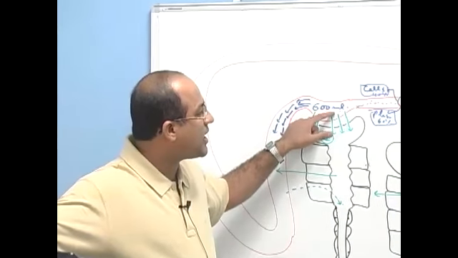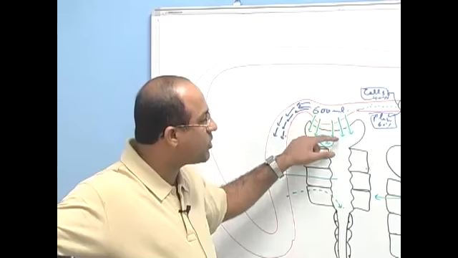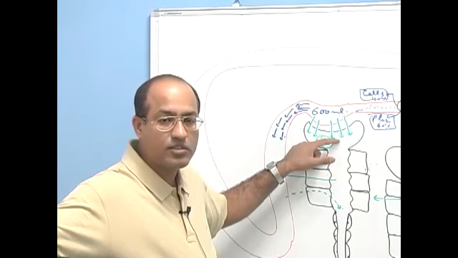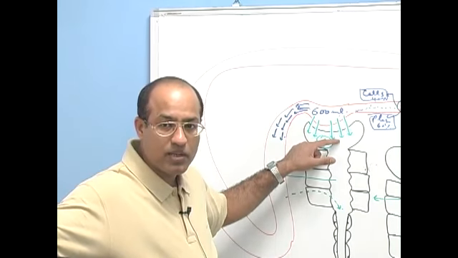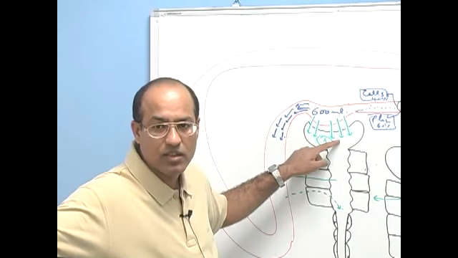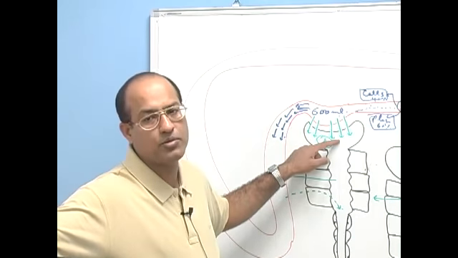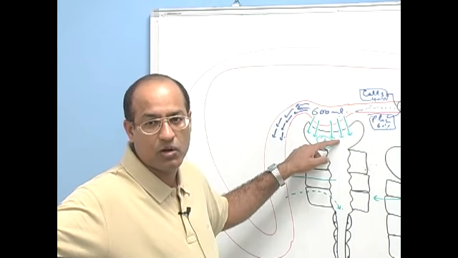So what is really filtered is the water of the plasma with its soluble substances which have molecular weight less than albumin, small solutes.